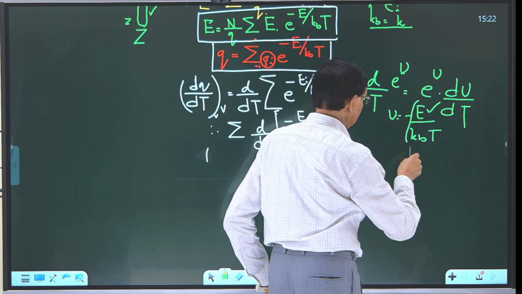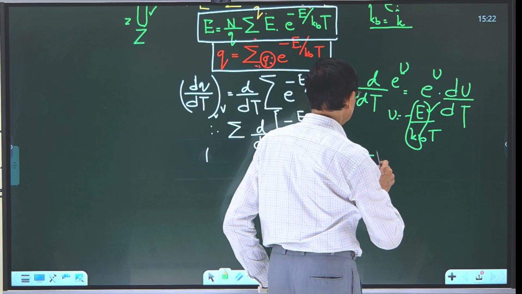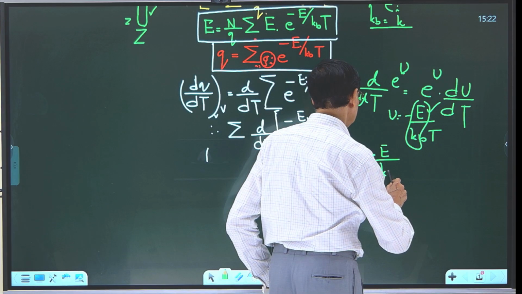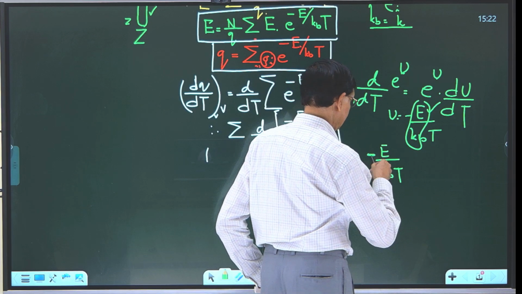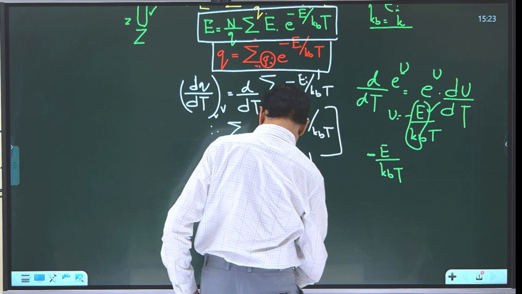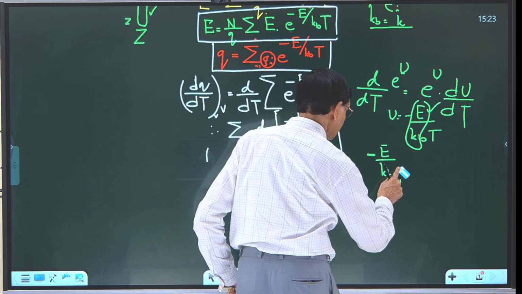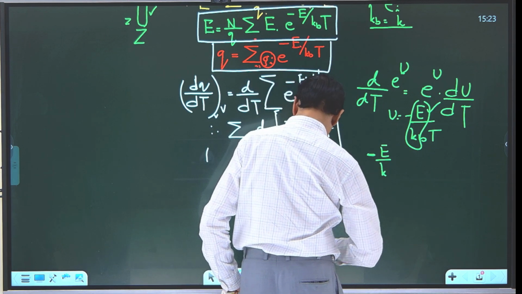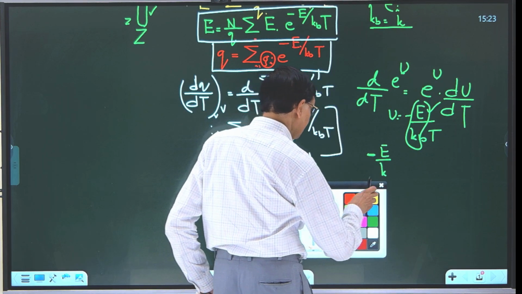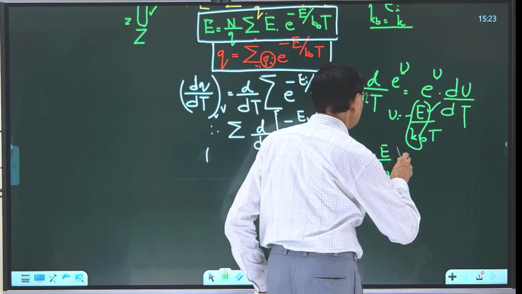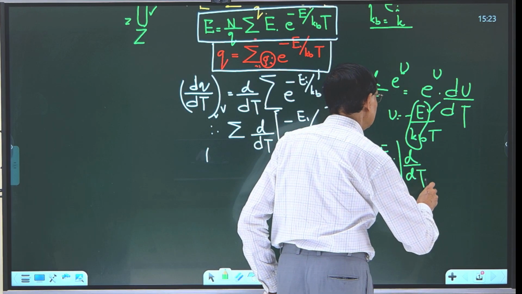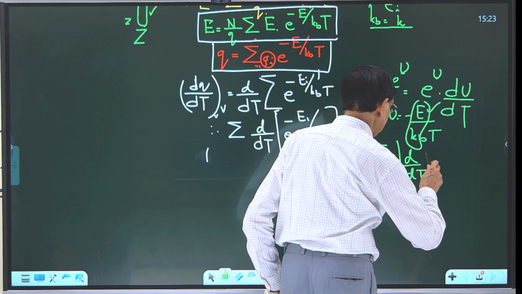E and kB are constants, so you can write minus E divided by kB, d by dT of T inverse.